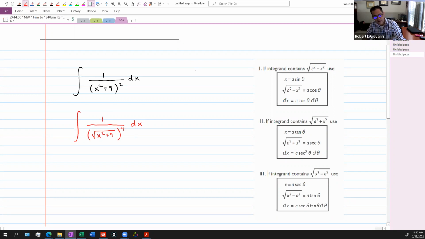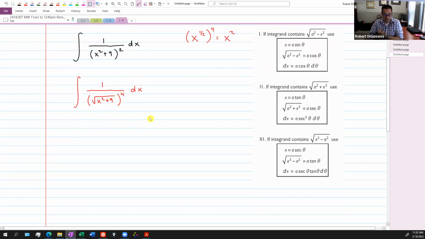Right? Because if I asked you to take some value, raise it to the half, and then raise it to the 4th, you multiply these two powers, and half of 4 is 2. So x squared can be written as the square root of x to the 4th, right? That's just algebra.